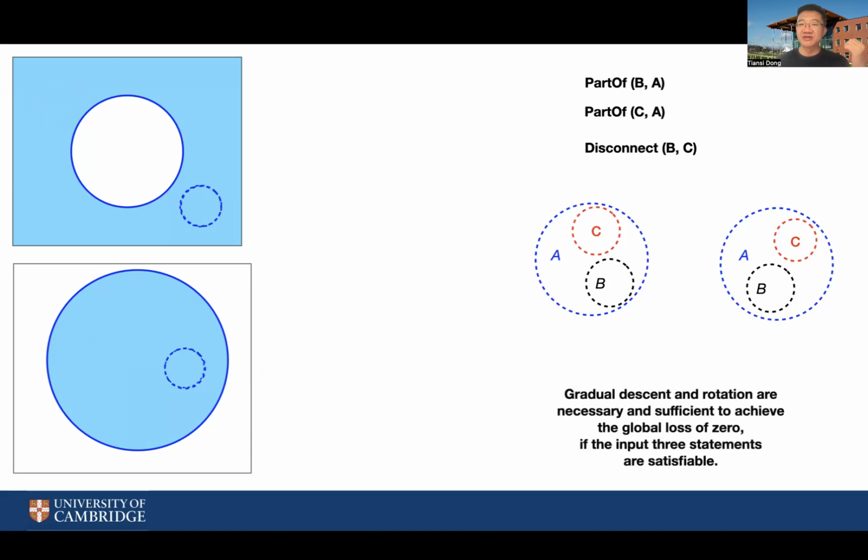We can see that normal gradient descent plus rotation is necessary and also sufficient to construct polar diagrams with a loop.